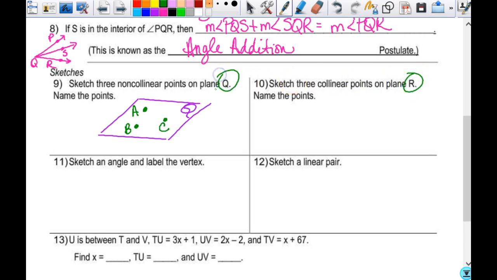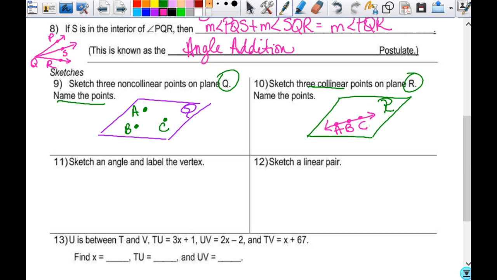I just realized the print doesn't look very good. Okay, so we got plane R. So there's plane R, and I need 3 collinear points this time, and to name the points, just like here I had to name the points. So, like this, A, B, C.